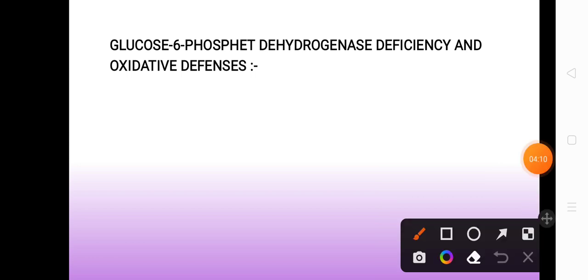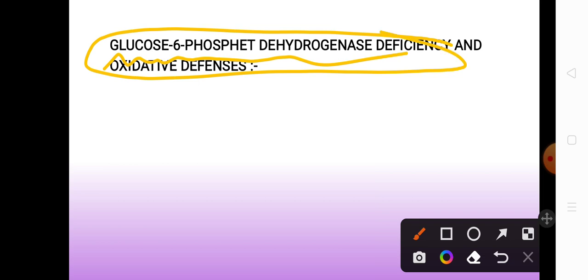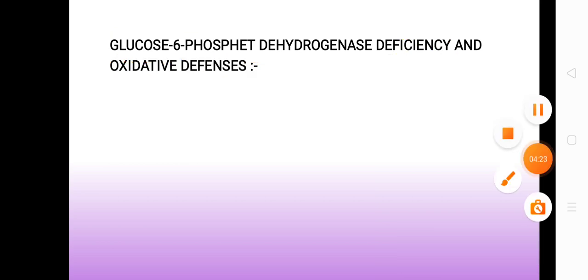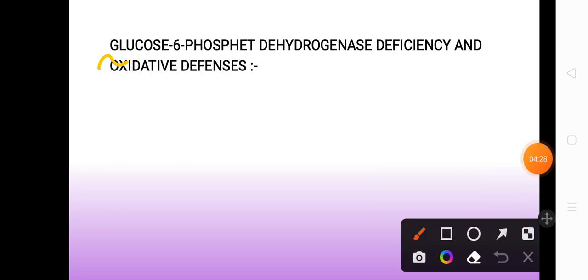Now we are going to see a very important example, that is, what happens if the first enzyme of the oxidative phase of the pentose phosphate pathway cannot work, or deficiency of glucose-6-phosphate dehydrogenase occurs. So if glucose-6-phosphate dehydrogenase cannot be produced, then obviously there will be no synthesis of NADPH, right?